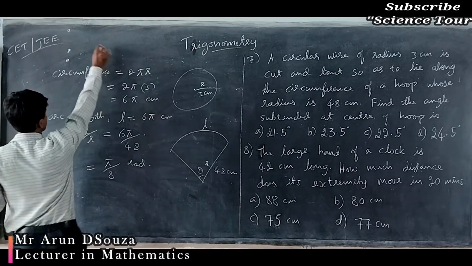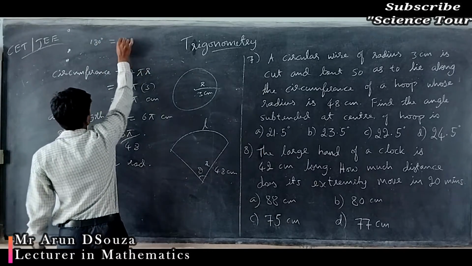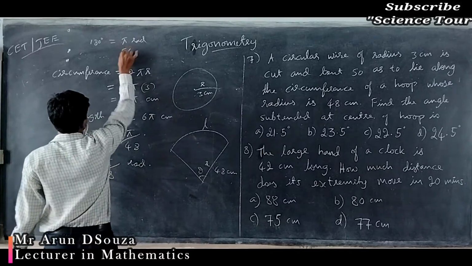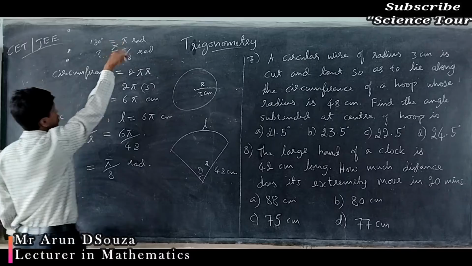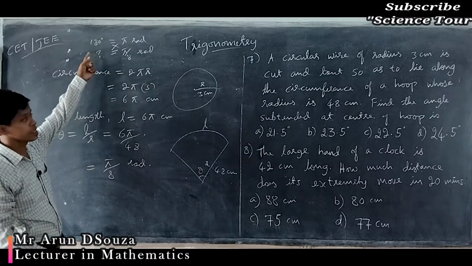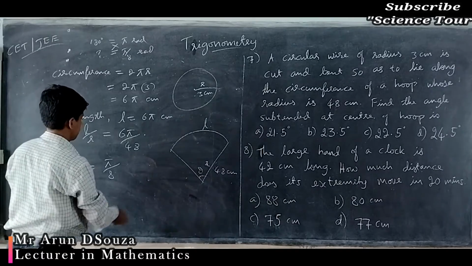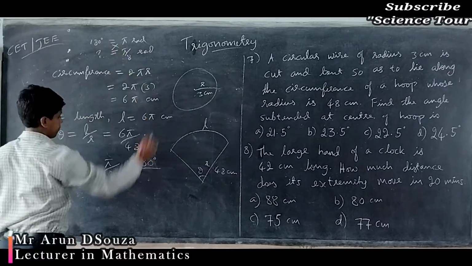How? So understand, you have got 180 degree is equal to pi radian. Now what you have got is pi by 8 radian. Therefore that is equal to how much? Cross multiply, that means pi by 8 into 180 divided by pi.